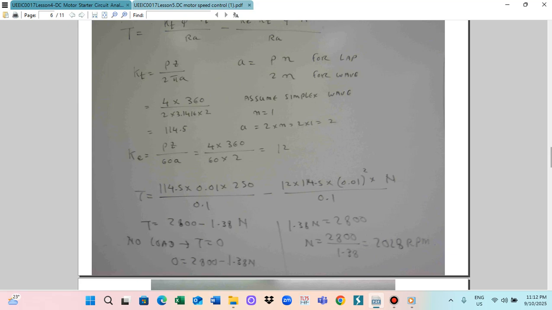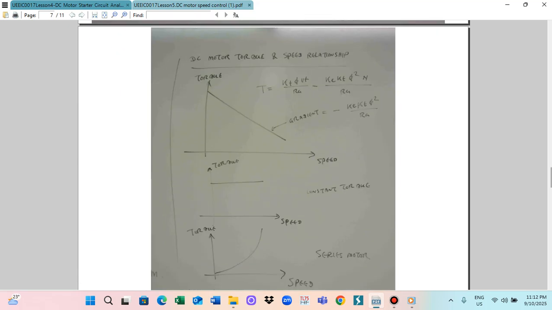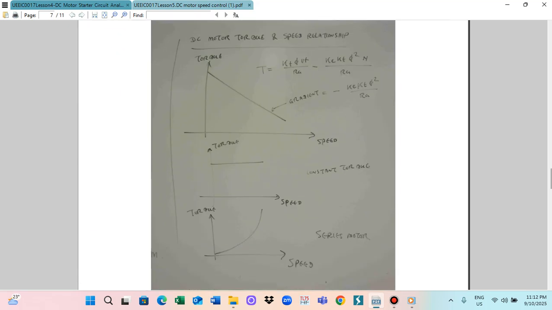The reason we need to do this characteristic is that the system characteristic and the motor characteristic need to be matched. For example, one system is the constant torque system, so this is speed and torque, and this is the constant torque.